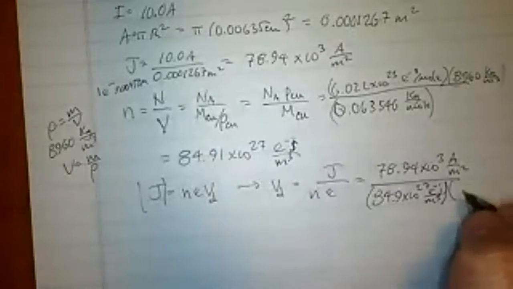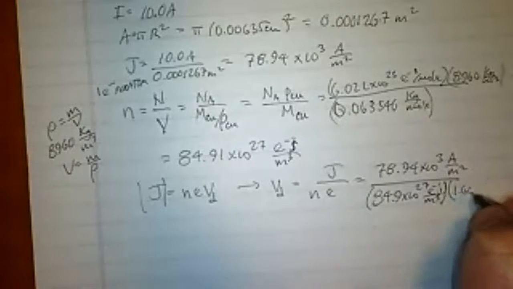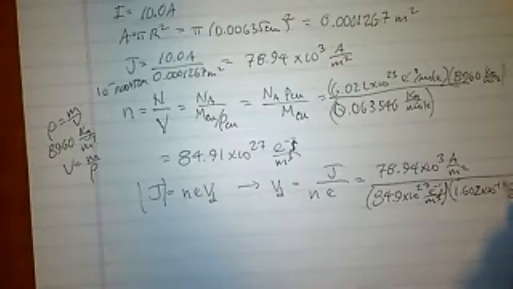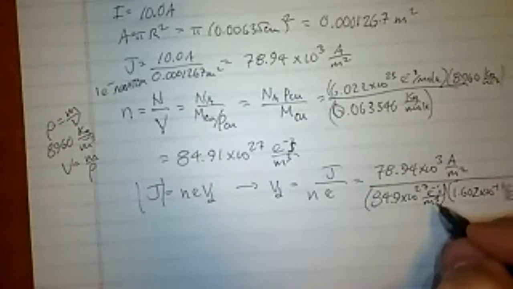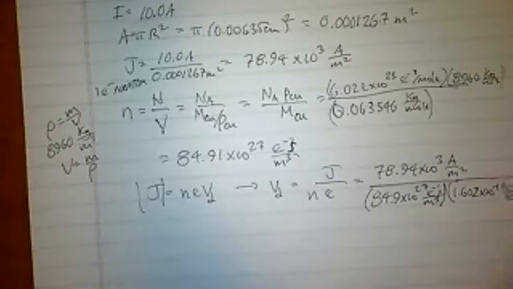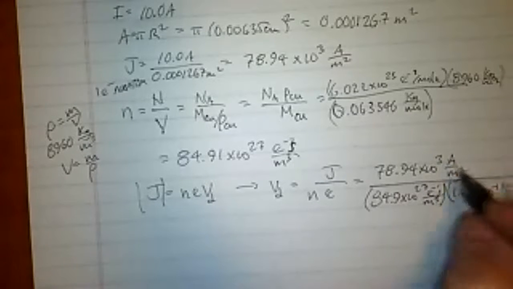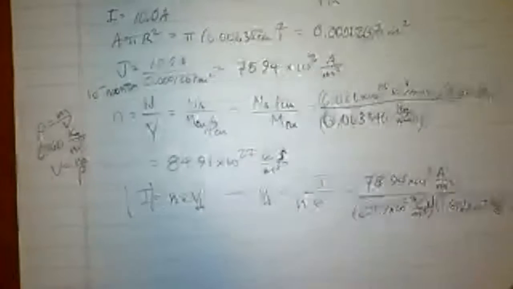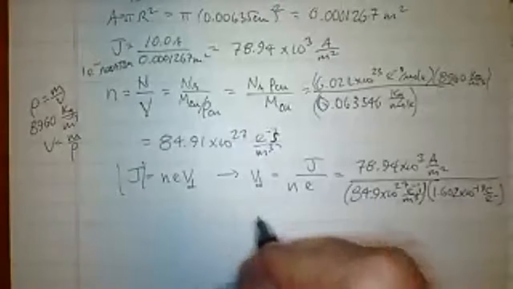And then the charge was 1.602 times 10 to the negative 19th coulombs per electron. So you see the electrons cancel out. The meters cubed comes to the top and is divided by meter squared, so that just leaves a meter. And then we have an amp, which is a coulomb per second. That coulomb is going to cancel out and leave a second in the bottom. So all the units work out wonderfully.